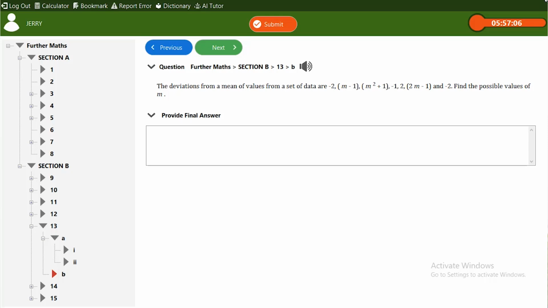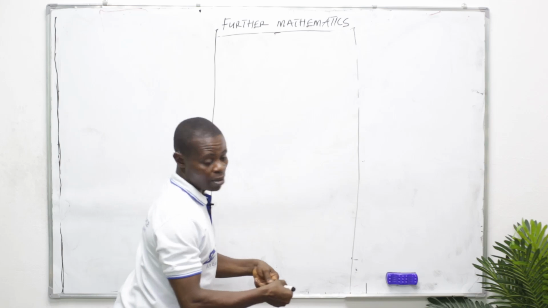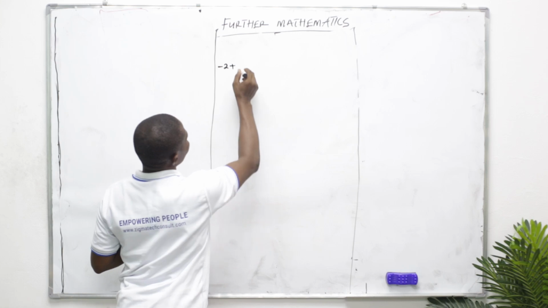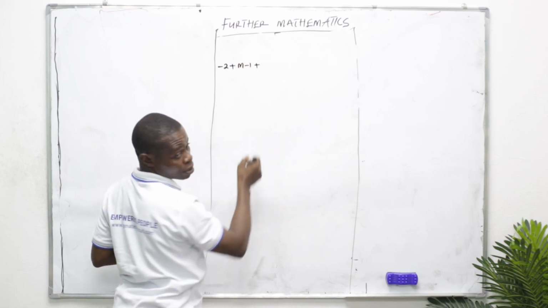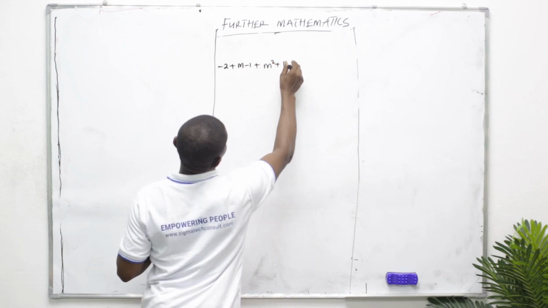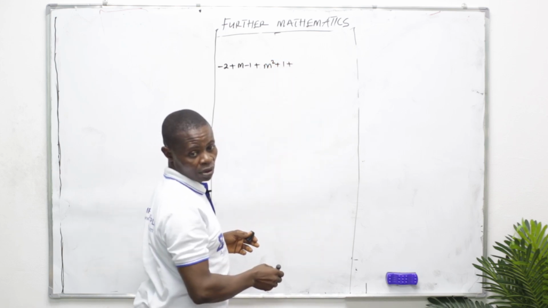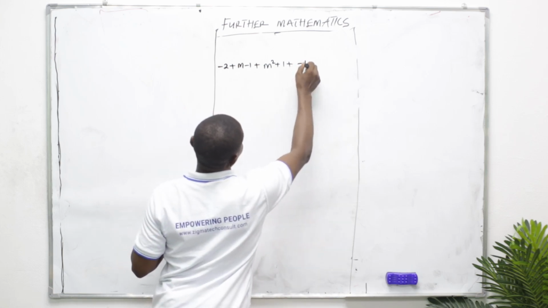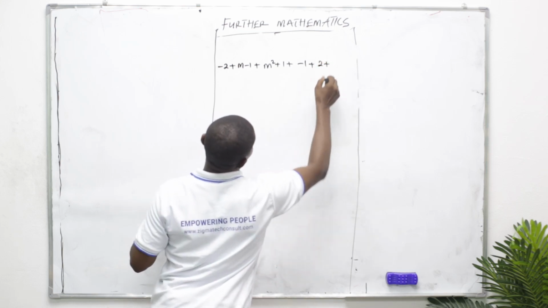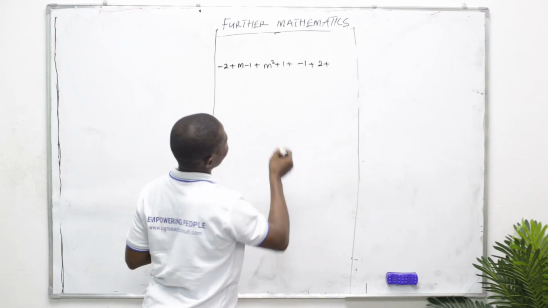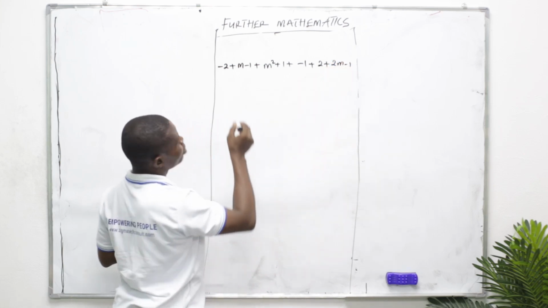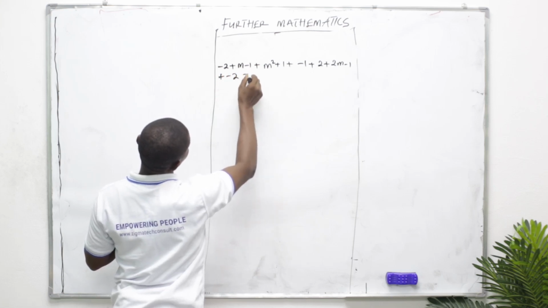So we are going to have -2 plus m minus 1 plus m squared plus 1 plus minus 1 plus 2 plus 2m minus 1 plus minus 2, all equals 0.